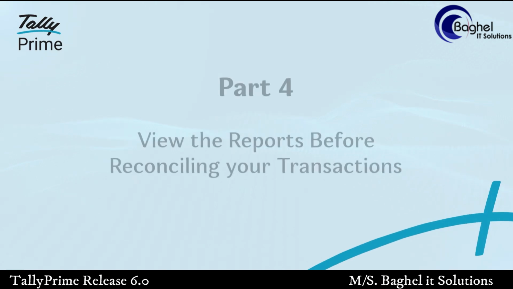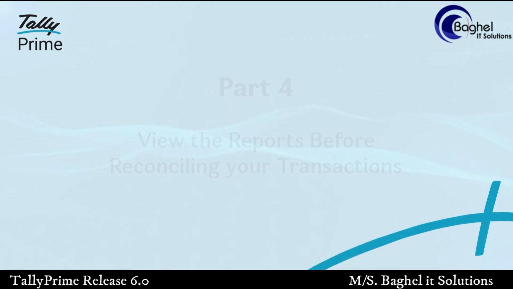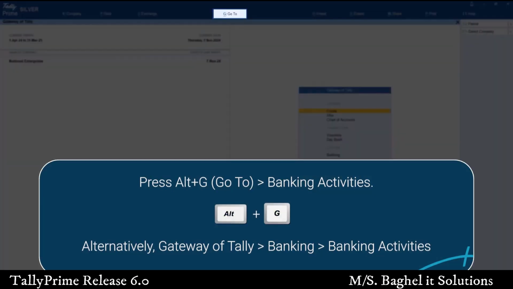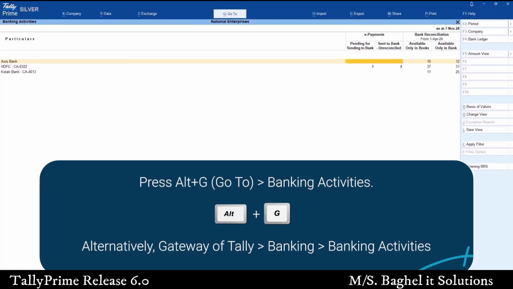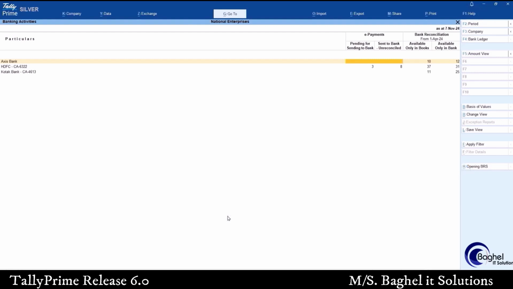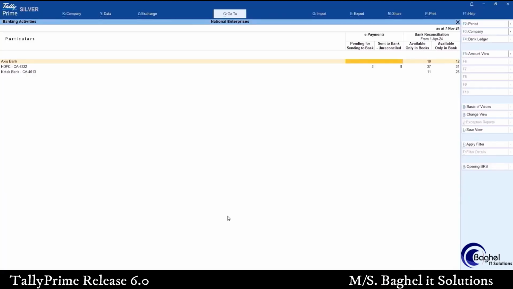Let us now see how to view the reports before you reconcile your transactions. Press Alt-G, type or select Banking Activities. Alternatively, Gateway of Tally, Banking Activities. The Banking Activities report provides the count of unreconciled transactions in your books and bank records.